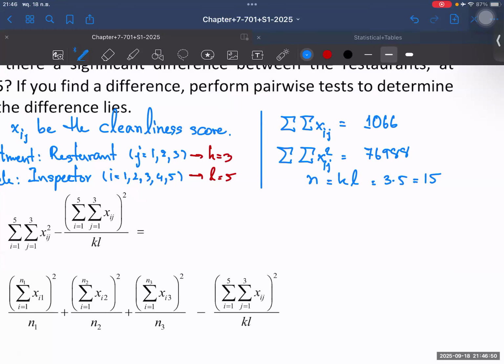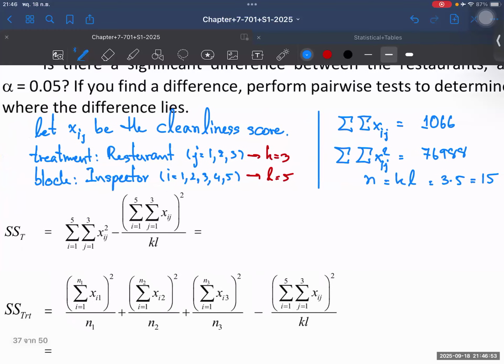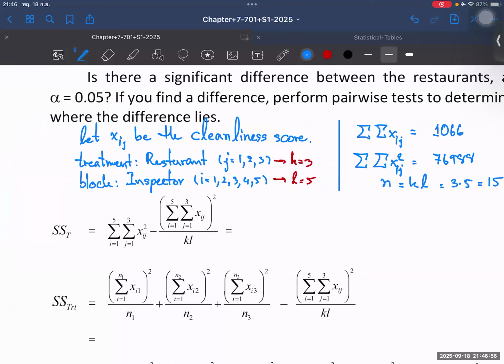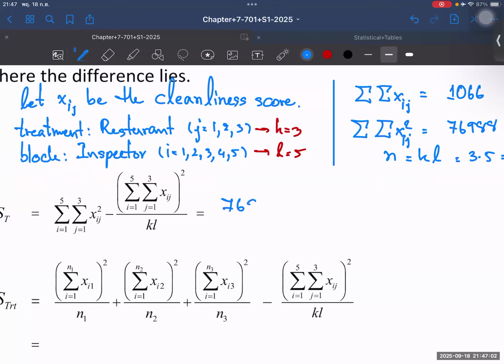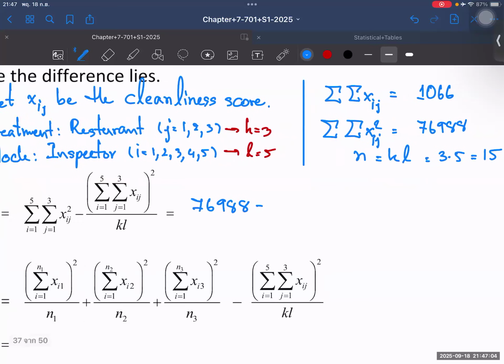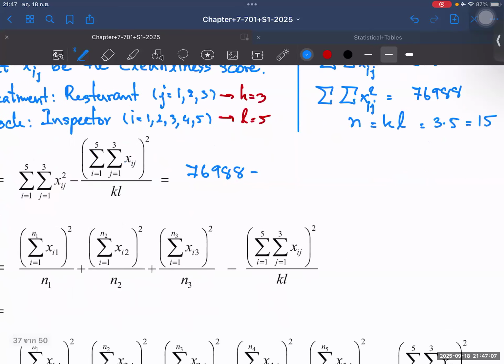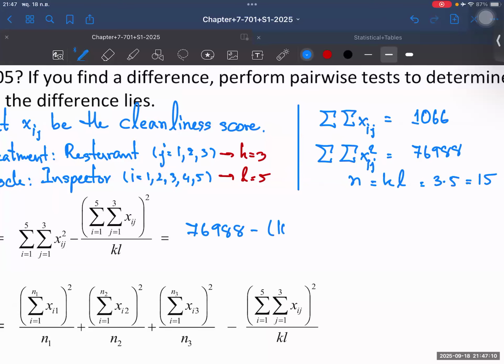I have to plug in this value for the sum of squares total. So it is equal to 1230.933, right?